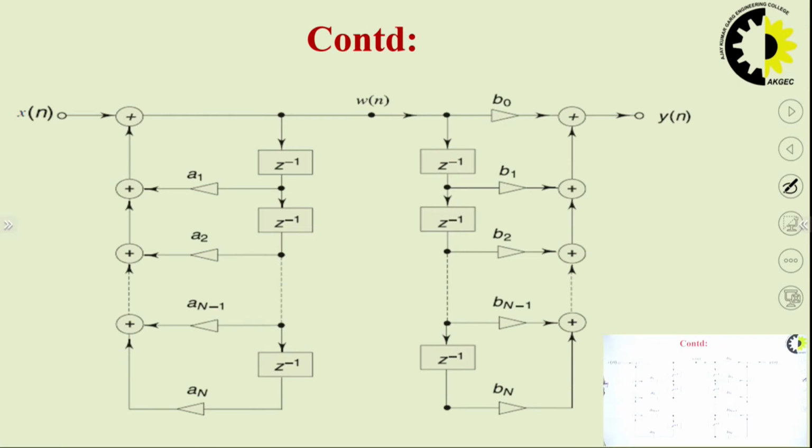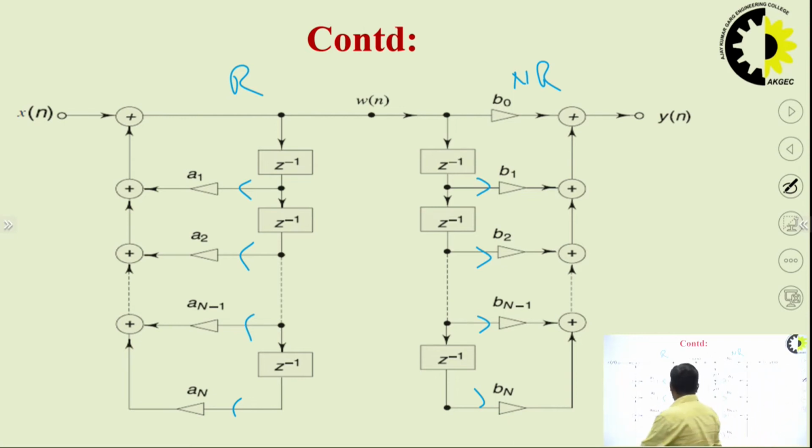And now this will be the form of the direct form 2 structure. Firstly, here you can see these are the recursive structures. Secondly, it will be non-recursive. Okay, so this is our direct form 2 structure. Only you are interchanging zeros and poles. You are interchanging your blocks.